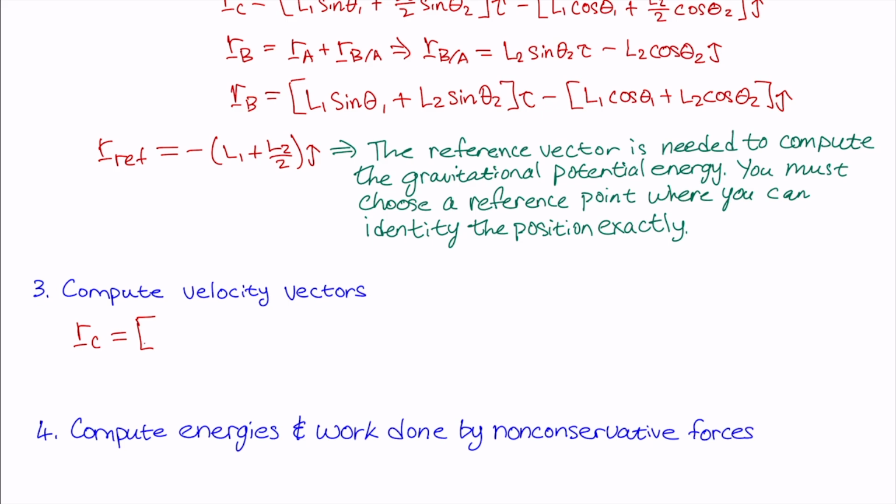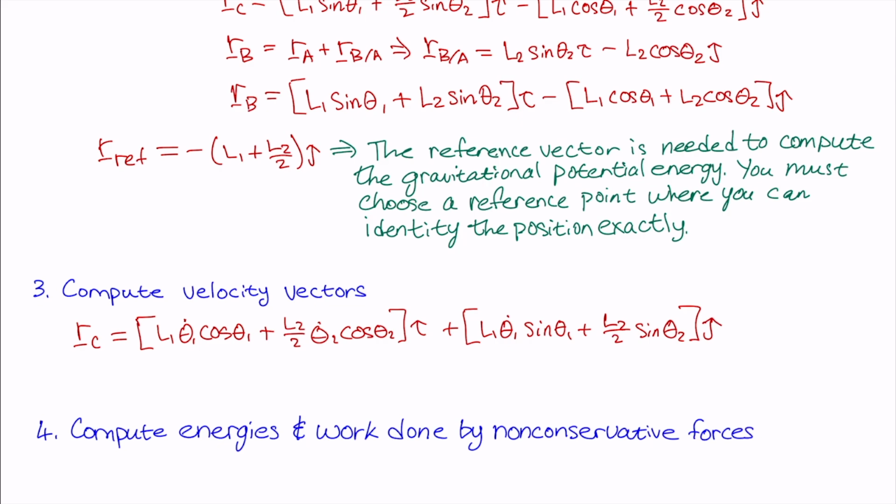So we get L1 theta 1 dot cosine theta 1 plus L over 2 theta 2 dot cosine theta 2, all of that in the i direction, plus, and because taking the derivative of cosine gives a negative sign, that cancels the negative in front, we get L1 theta 1 dot sine theta 1 plus L over 2 theta 2 dot sine theta 2, all of that in the j direction.